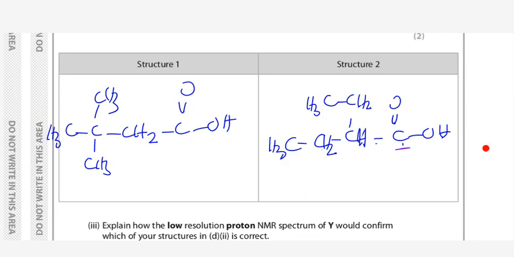I use different colors for different environments: 1, 2, 3 are the same environment, and 3 and 4. So there are 4 different environments for the carbon, giving 4 peaks. Clear?